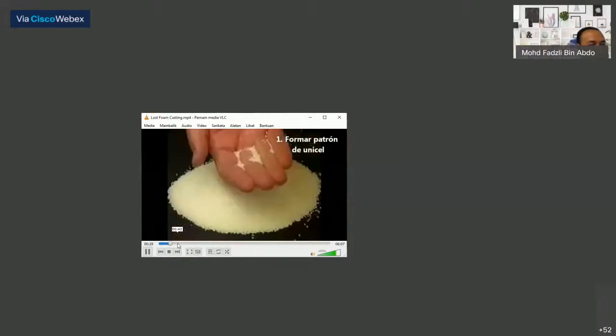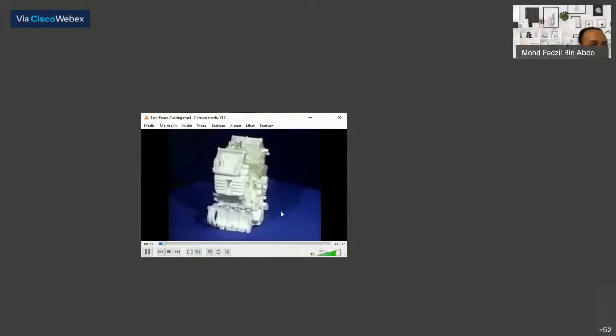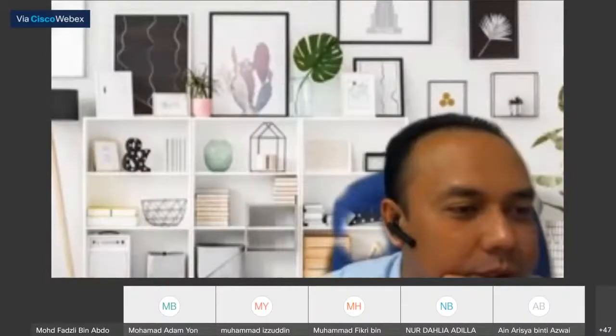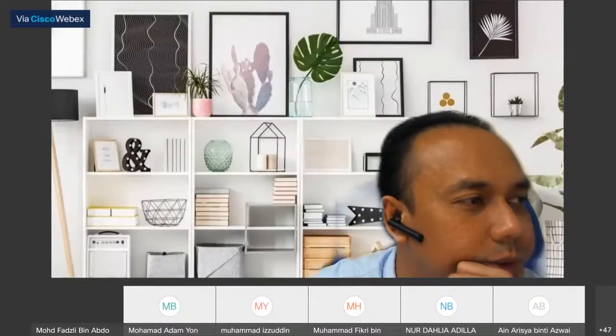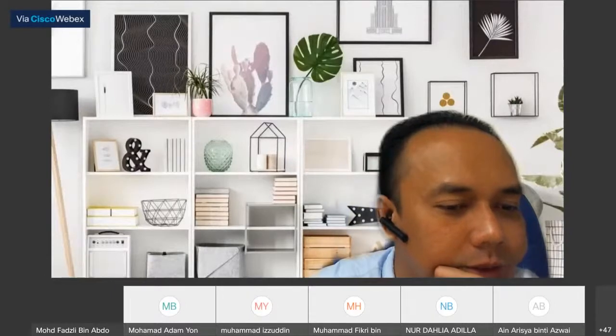Tak ada. Okay, tak ada tak apa. Awak tengok gambar je lah. Saya pun tak tahu macam nak bersuara dengan dia. Oh, patutlah tak ada suara. Sekejap. Saya tahu. Share. Okay, baru ada.